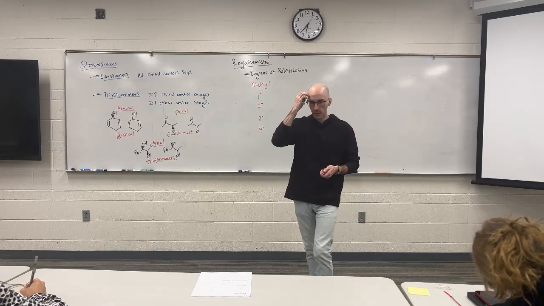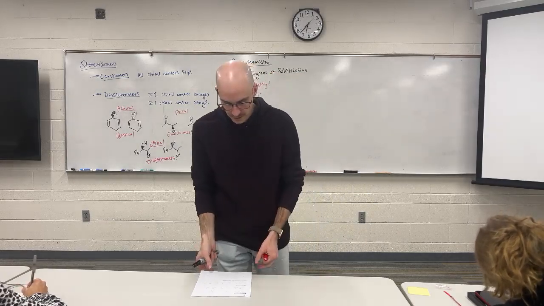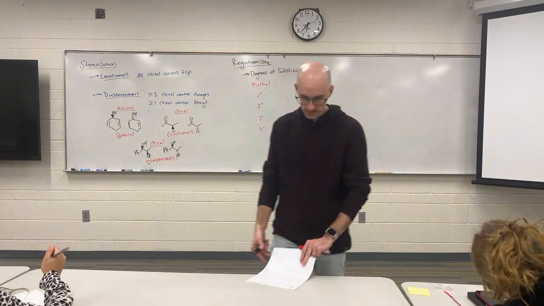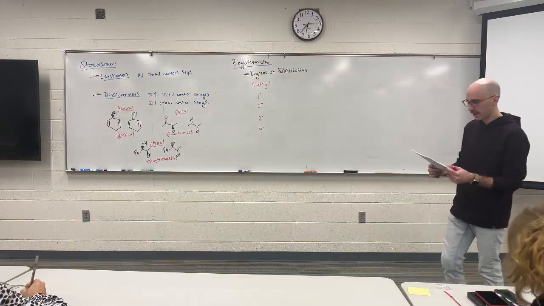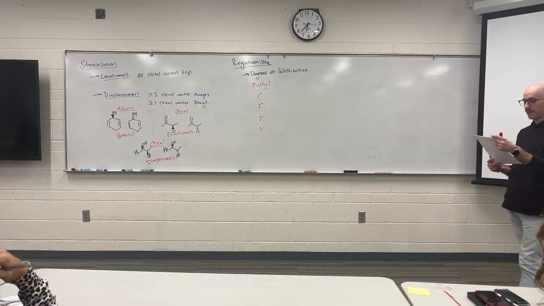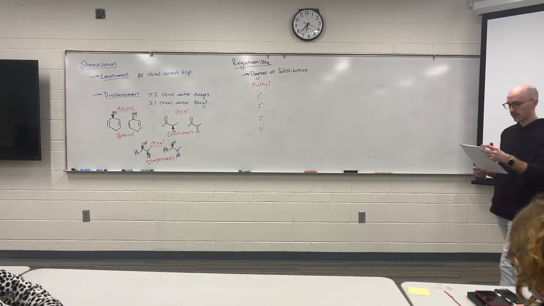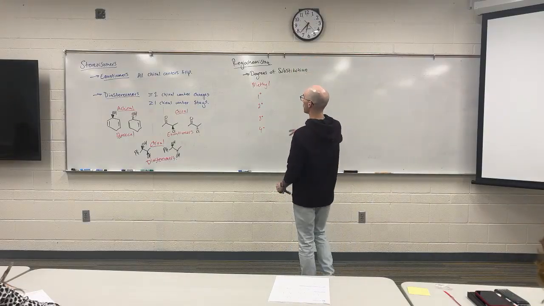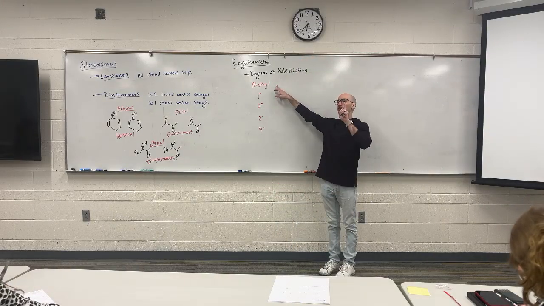So I want you guys to go through this list and see that you can identify the carbons that are methyl, primary, secondary, and tertiary, and then more specifically, look for some of those functional groups. I do want to point out the difference between methyl and a methyl group.